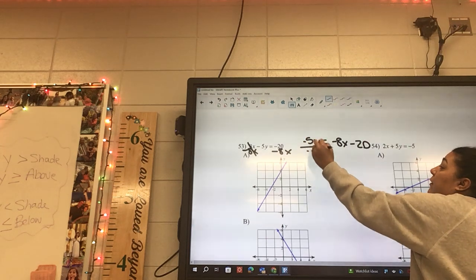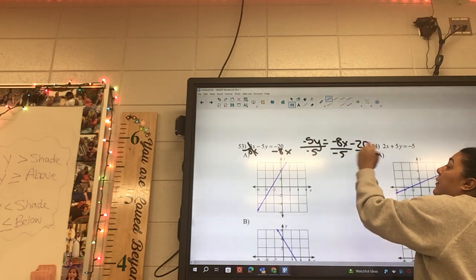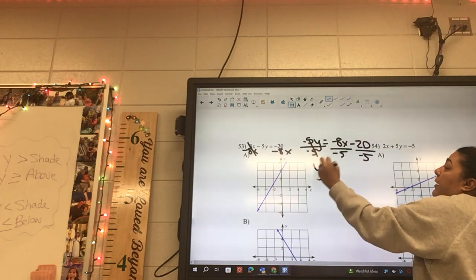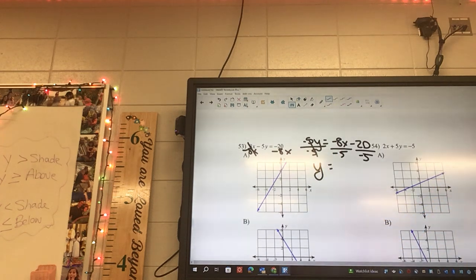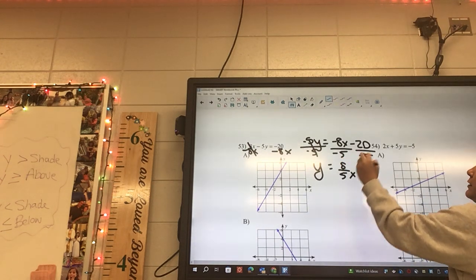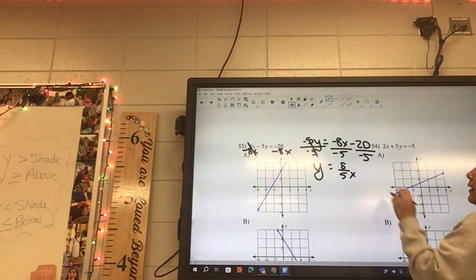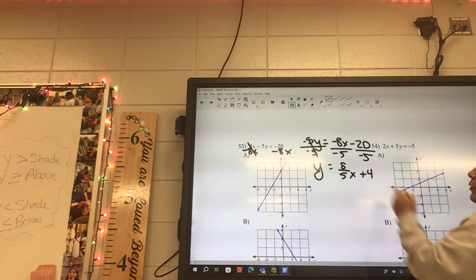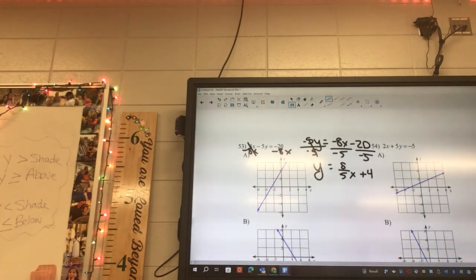Negative 5. So I'm gonna get y equals, what is negative 8 divided by negative 5? 8 over 5 x, and then negative 20 divided by negative 5, positive 4. So that means my line should be going through a positive 4 on the y line, the up and down line.